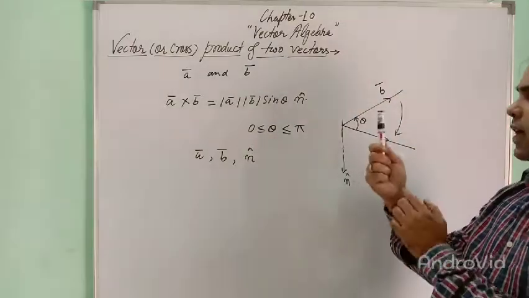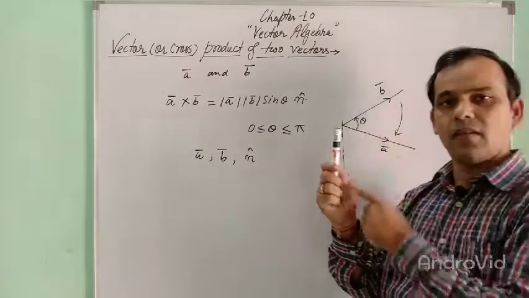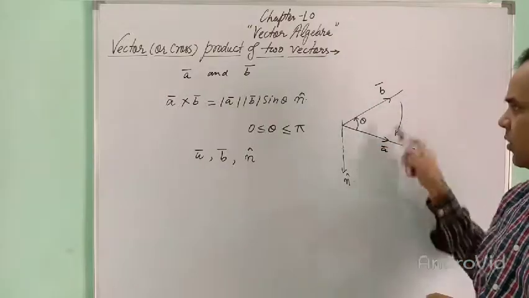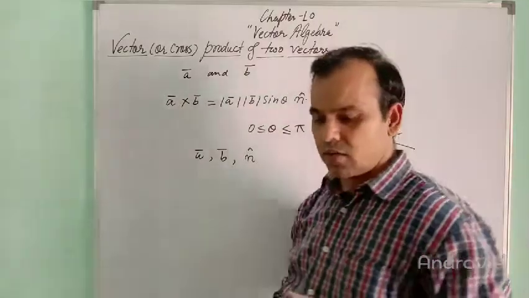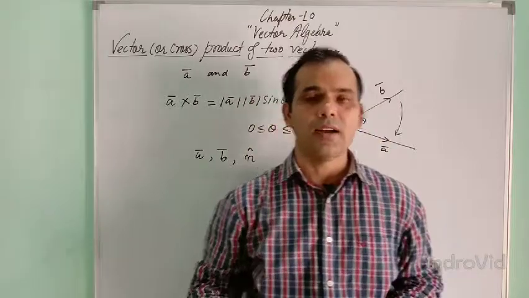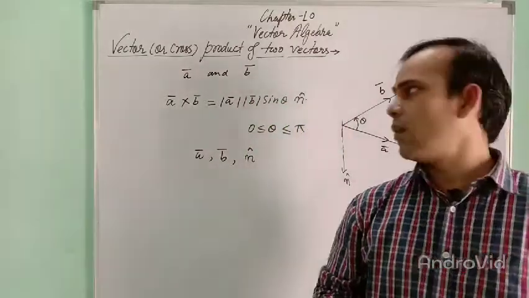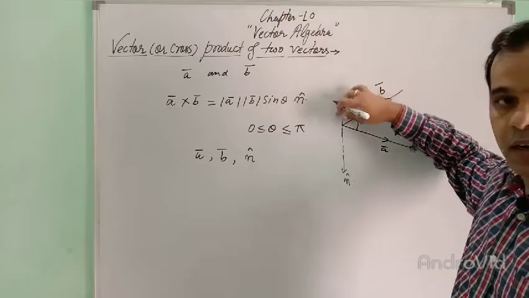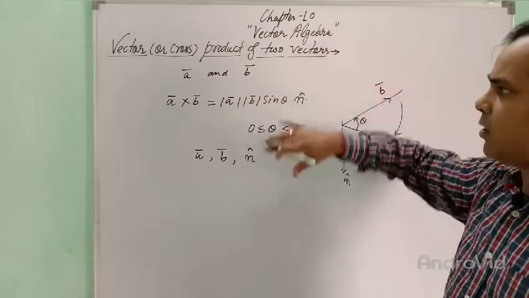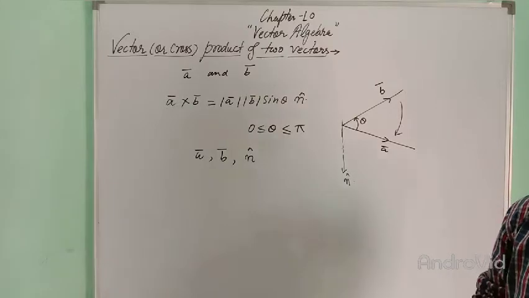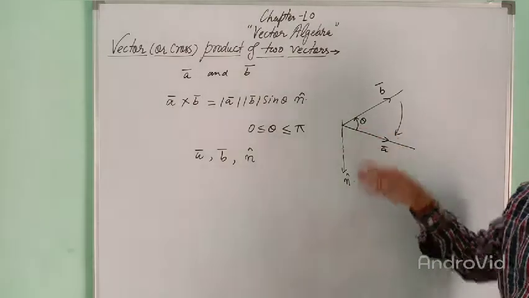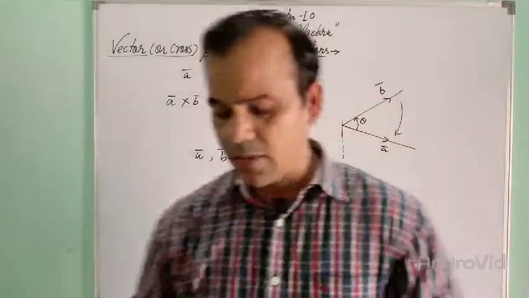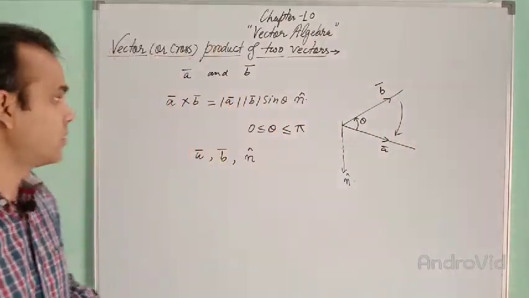For a cross b, the direction of the normal is the direction of this pen marker, and for b cross a, it will be just opposite. According to the right-handed rectangular coordinate system, a cross b has the unit normal vector in this direction, and b cross a has the unit normal vector in the downward direction. Clear? So that was the vector product of two vectors.